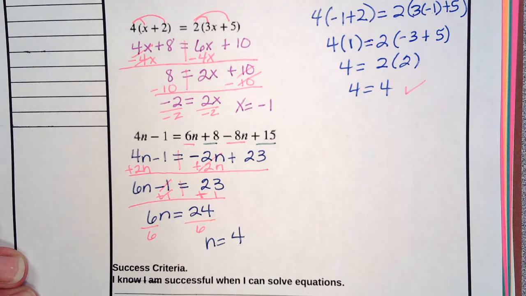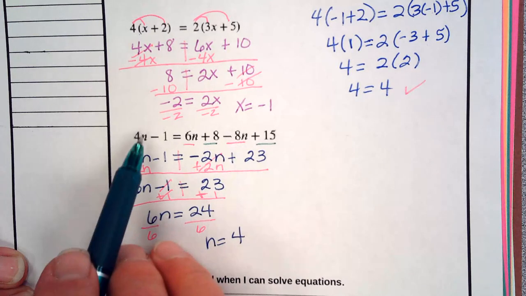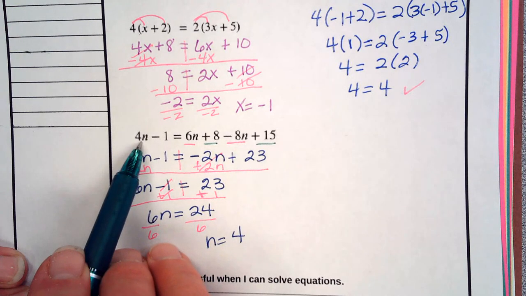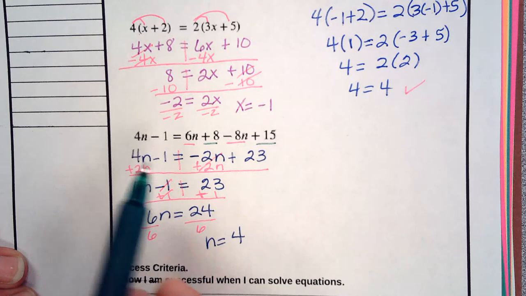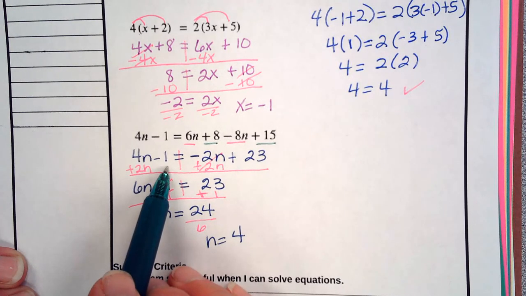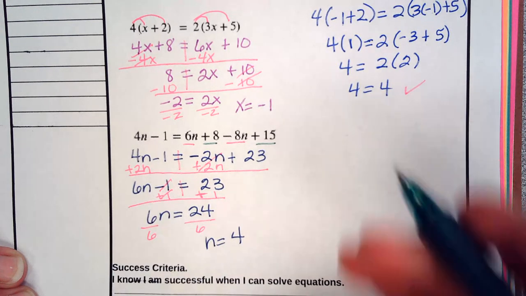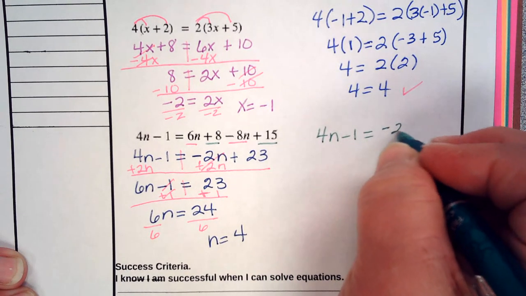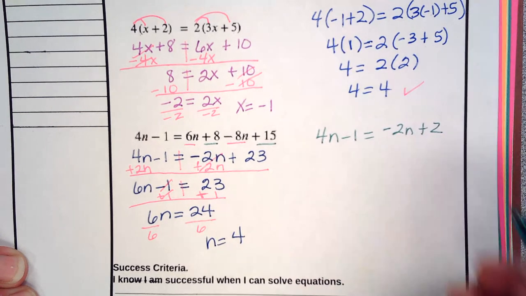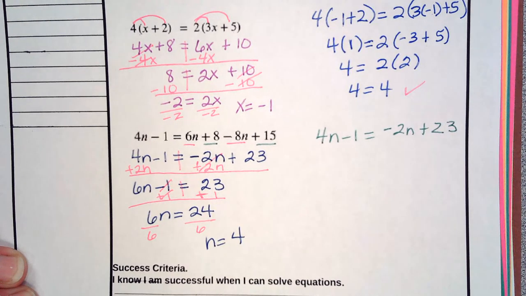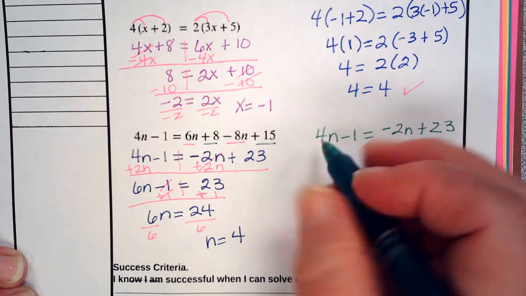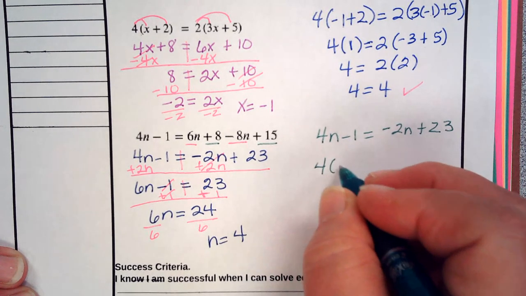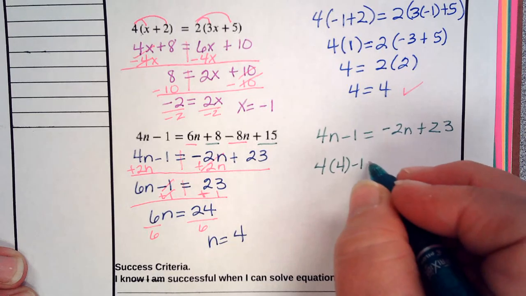Have I done it correctly? Okay, there's several different ways you can do it. You can put n in here all 3 places and then go ahead and solve. Or you can use your simplified version, which is what I'm going to do. Okay, but I know that n is 4. 4 times 4 minus 1.